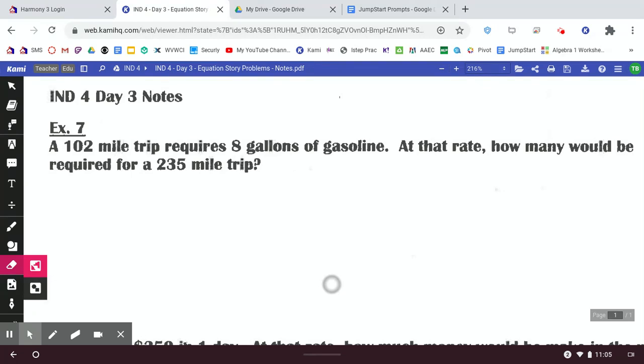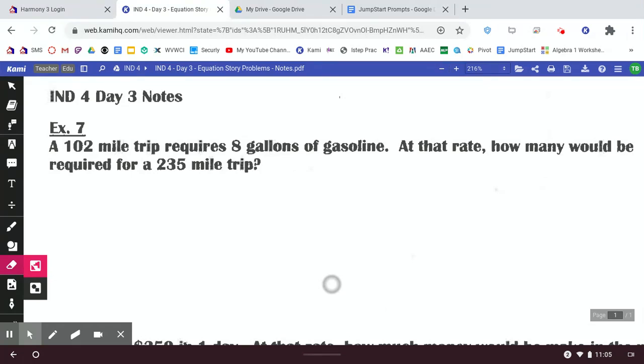So reviewing just a little bit from last week, we've had a couple of different kinds of story problems so far. We've had just a basic story problem where Joe the plumber charges $25 and then so much per hour, and we had to write an equation for how much he charges for his work.